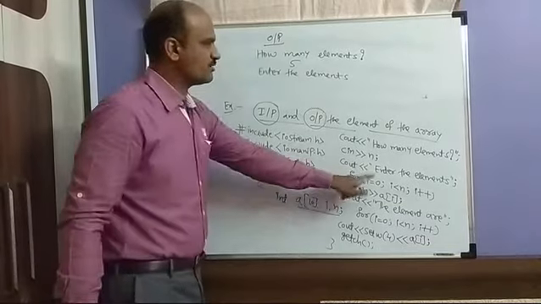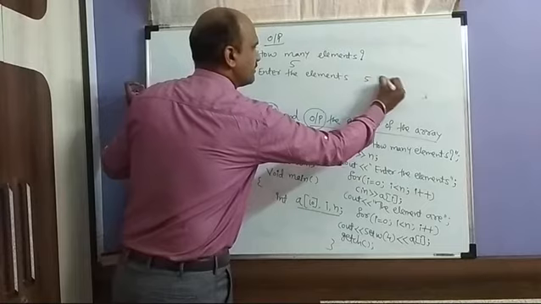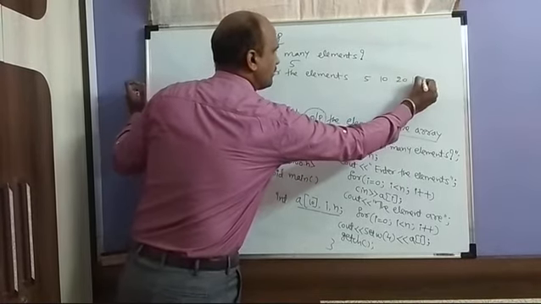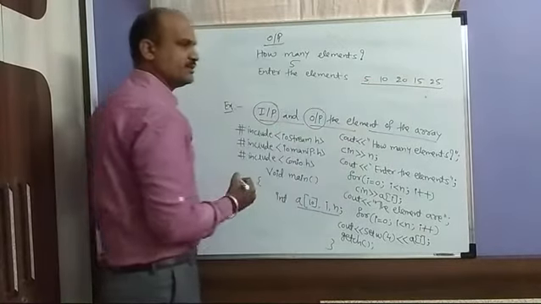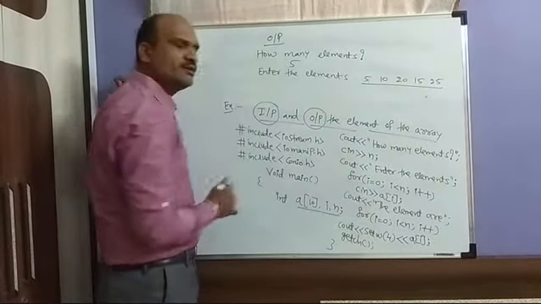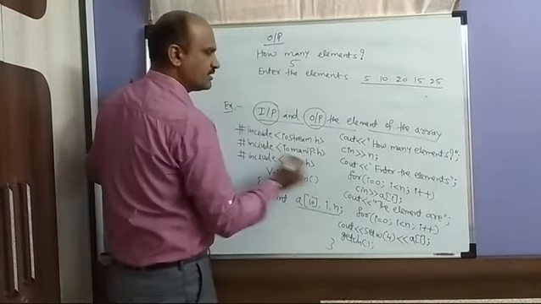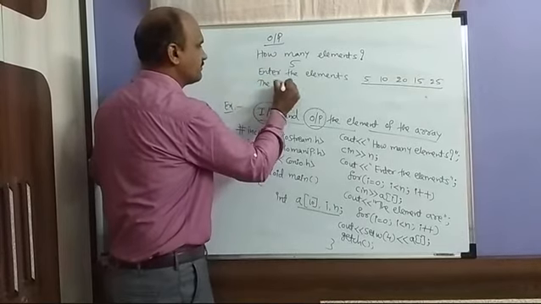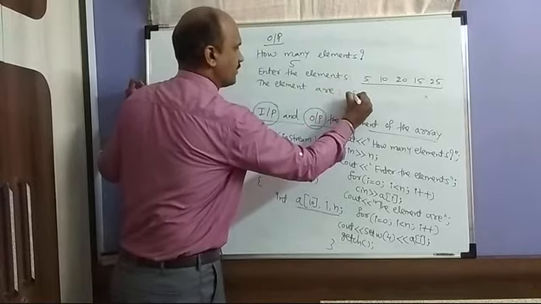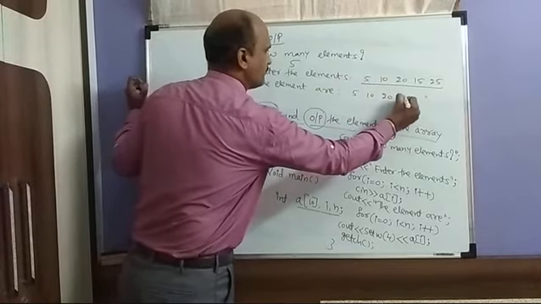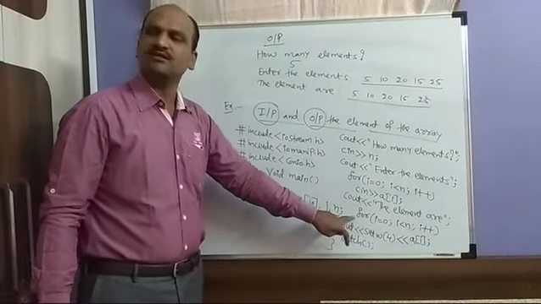So I enter 5 elements: 5, 10, 20, 15, 25. So 1, 2, 3, 4, 5 elements I enter, and the same elements have to be printed because each element has to be traversed at least once. Then lastly the elements are 5, 10, 20, 15, 25, because again we are printing the array.